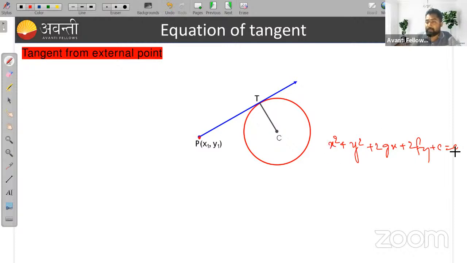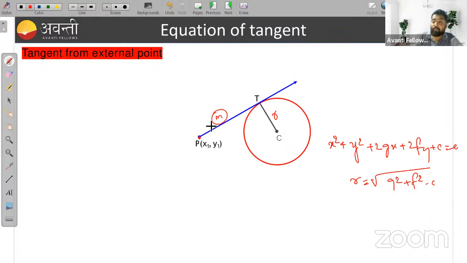If you have the equation of the circle, then you know the center, you can easily find the coordinates of the center, and you can find the radius also. The radius r is equal to under root of g square plus f square minus c. Let's take the slope of this tangent as m, then you can easily find the equation of tangents.